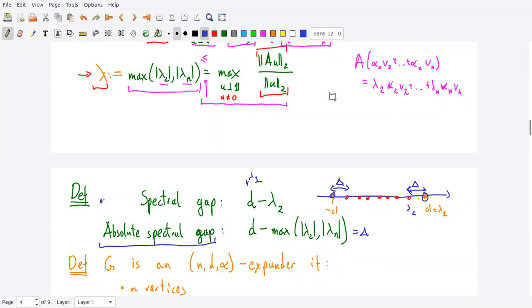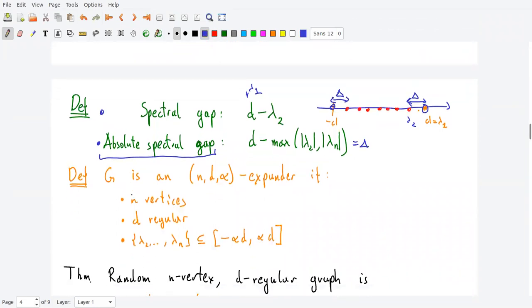These two quantities, the spectral gap and the absolute spectral gap, will be key parameters of the spectrum of a matrix that will somehow govern the combinatorial properties of the graphs that we will be speaking about.